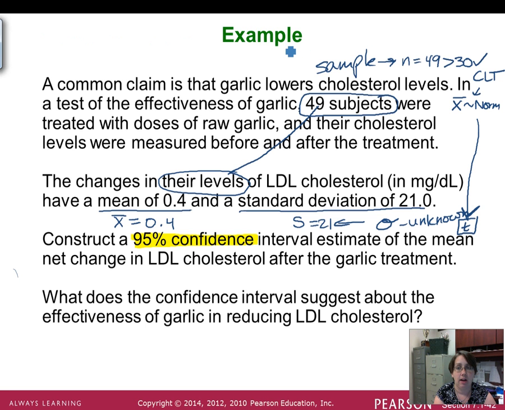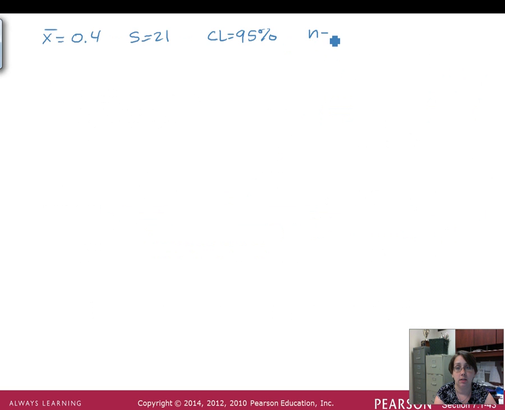Okay, so we had x bar was 0.4, s was 21, our confidence level is 95%. What else did we have? N was 49. So because of this, we had n greater than 30. That was our requirement, so we are able to use t.